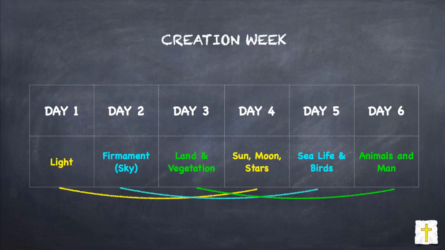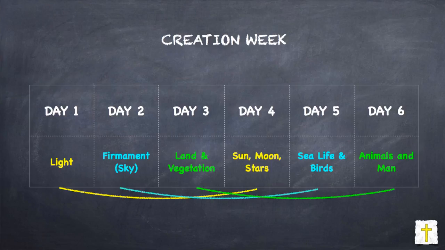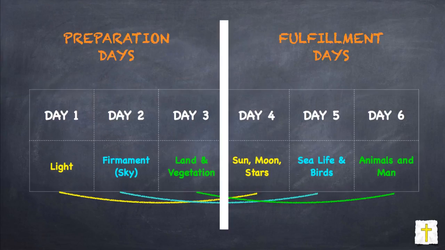What's fascinating about this is you can actually break this creation week into two segments, or you can break it into half. The first half being what I call preparation days, and the second half being fulfillment days.